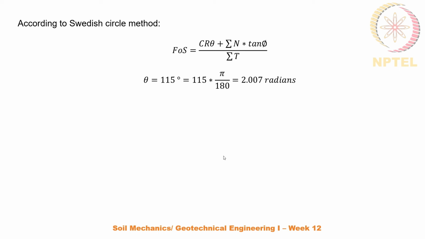So first converting the given theta into radians, we have theta as 2.007 radians. Then substituting all the values, factor of safety we obtain as 1.25. So factor of safety obtained using Swedish circle method is 1.25, that is option A.